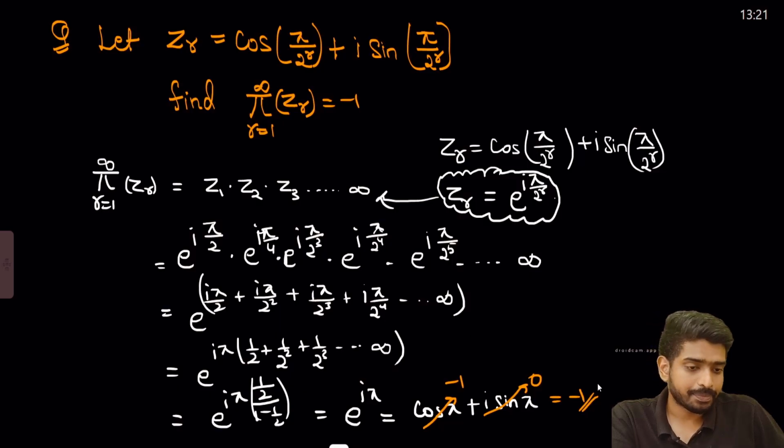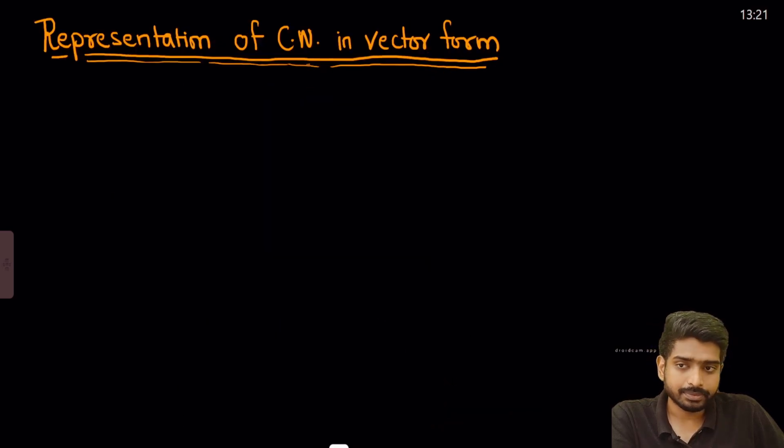Now next, we'll see the representation of a complex number in vector form. Any complex number we can represent in vector form.